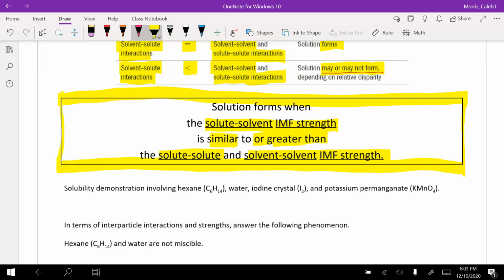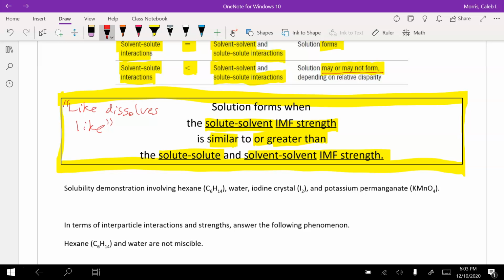This is basically what we mean when we say like dissolves like. If they have similar IMF strengths, then they'll tend to dissolve.